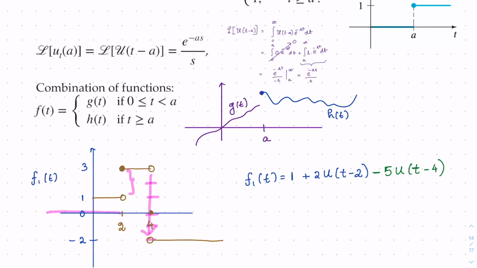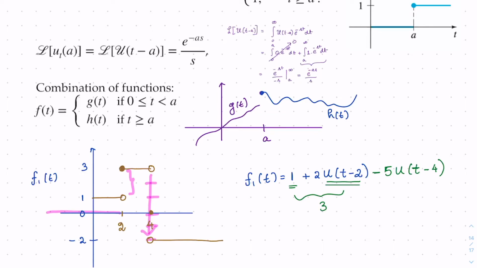So that's it. Let's take a look at this function again. How does it behave? This function is 1 throughout, and the step term doesn't kick in until it reaches 2. After 2, this is 1 plus 2, which is 3.